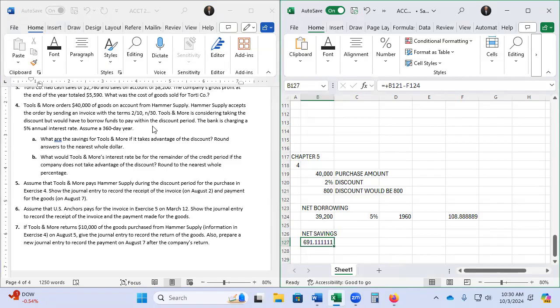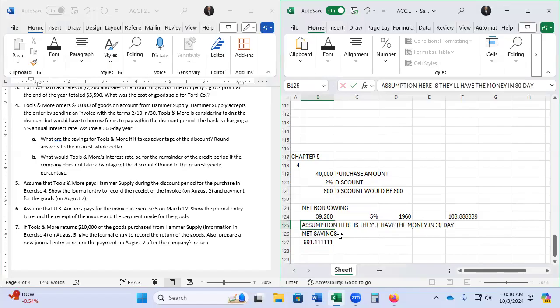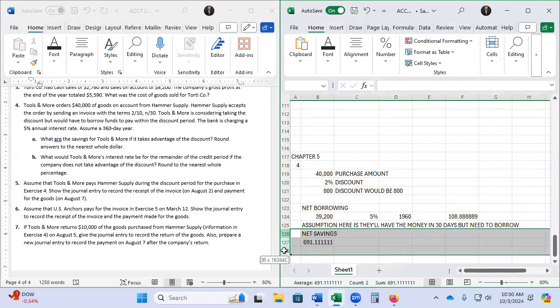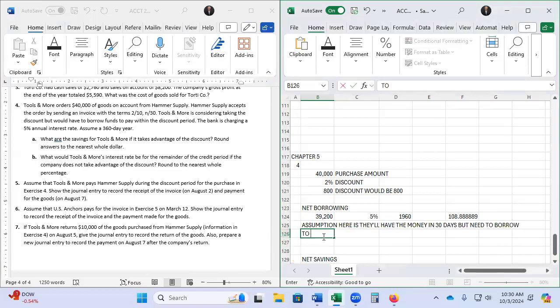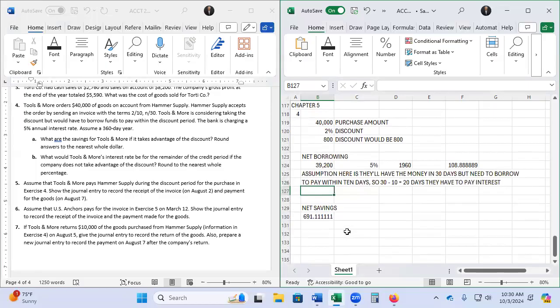The assumption here is that they'll have the money to pay it in the 30 days, but they have to borrow the money to pay it early. Okay. So that was part A.